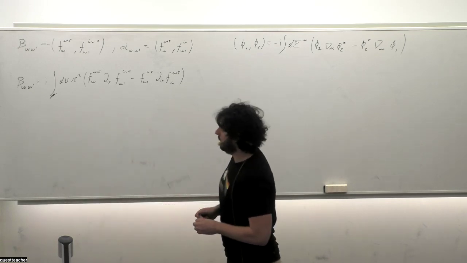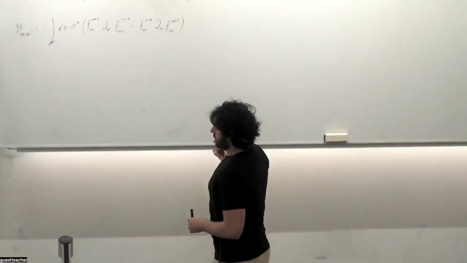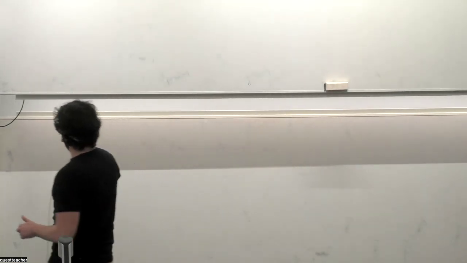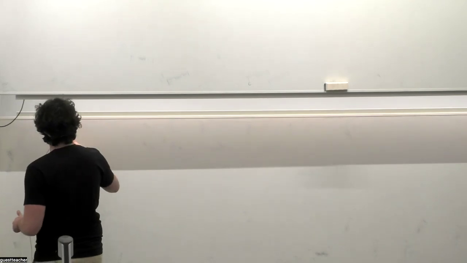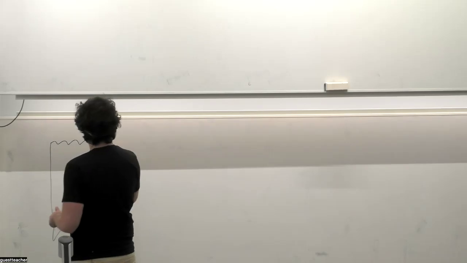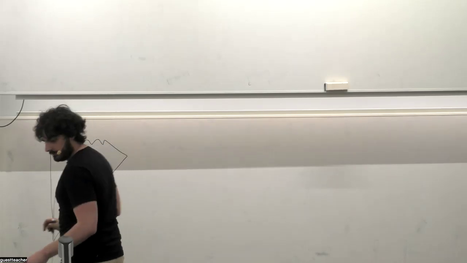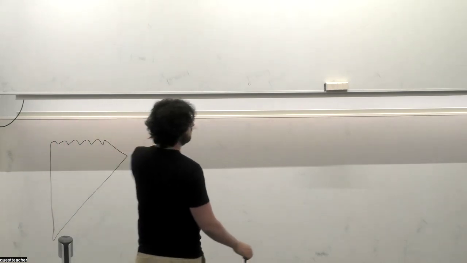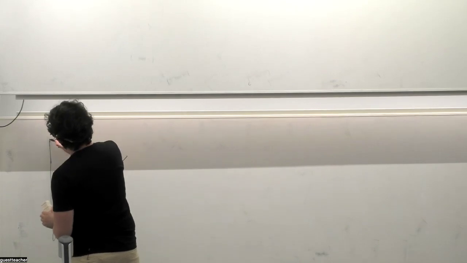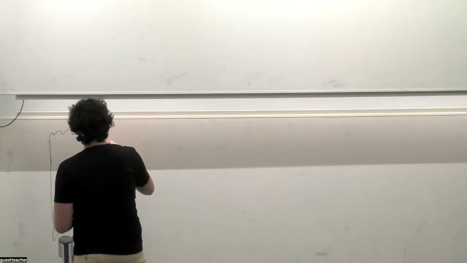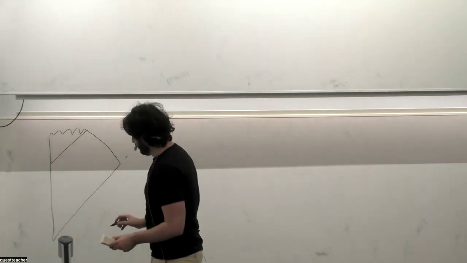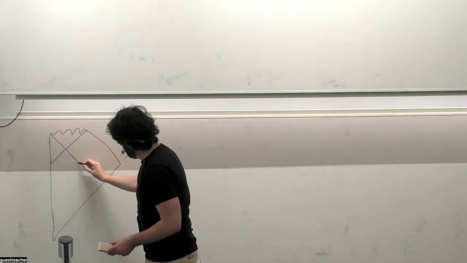I will draw another diagram because that's starting to look messy. Okay, so we have the null shell here.